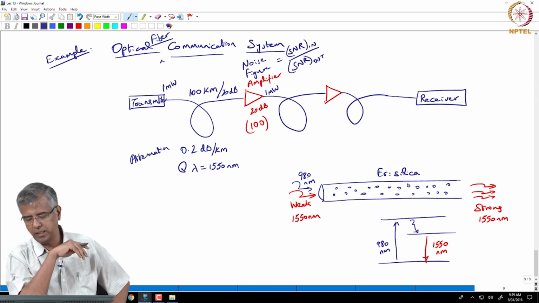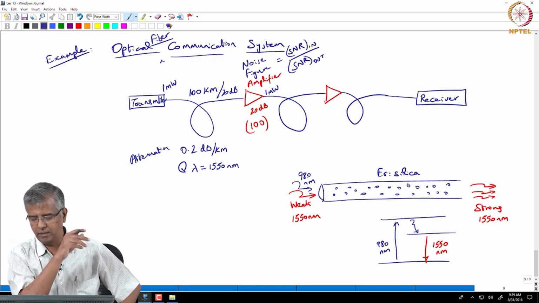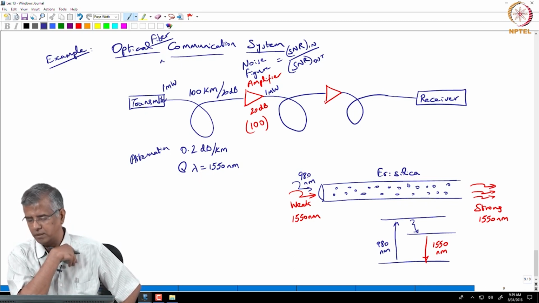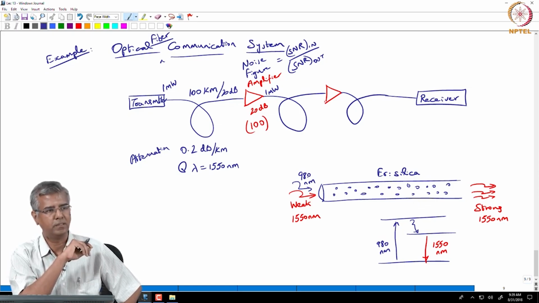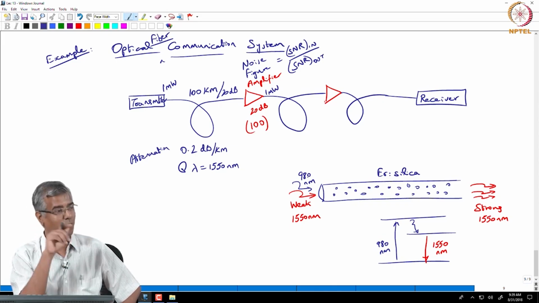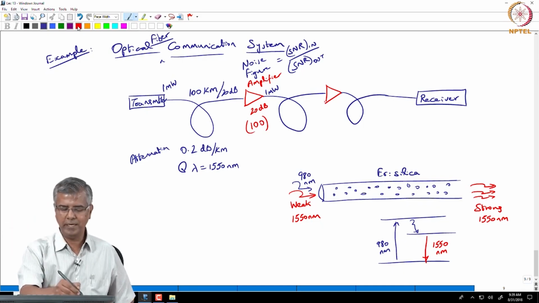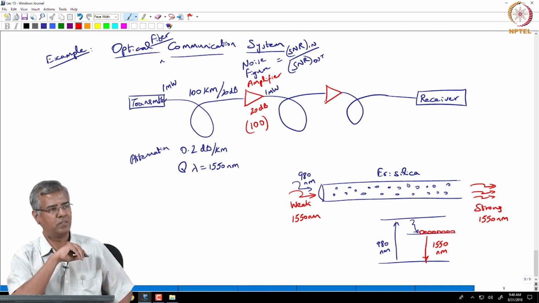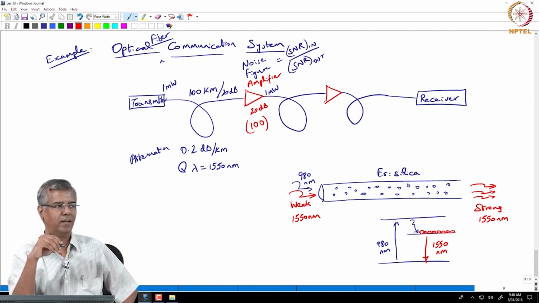So the question is, if we are feeding in 980, according to this picture, you already have 1550 nanometers, right? So why are we feeding in 1550? Turn around the question. 1550 is what we want to amplify, right? And to amplify 1550 you need a large number of these erbium ions sitting at that higher energy level, right?